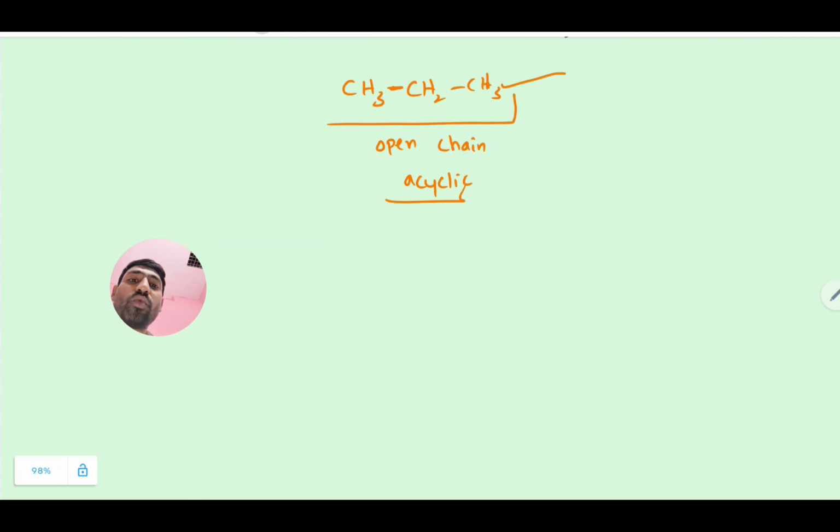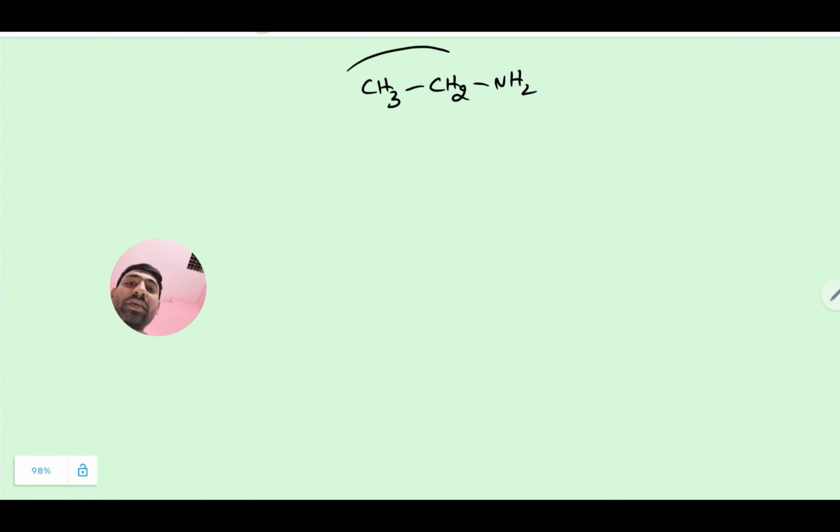Now I want to explain this entire aspect with a few examples, guys. If you take a compound like CH3, CH2, CH3, we can observe it has no ring, meaning it is called an open chain or acyclic compound. It contains only single bonds, so it is considered a saturated hydrocarbon. Now move to another example.